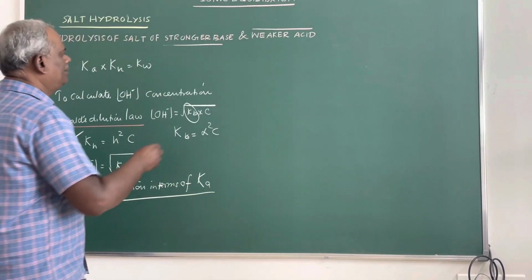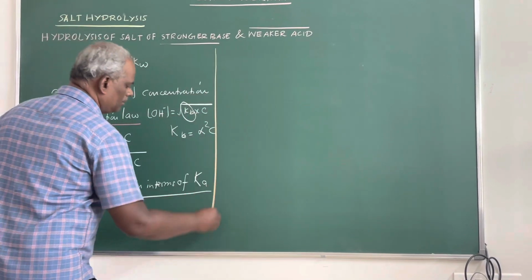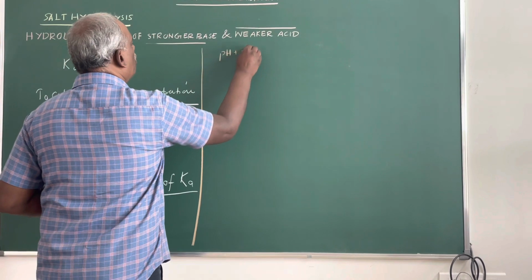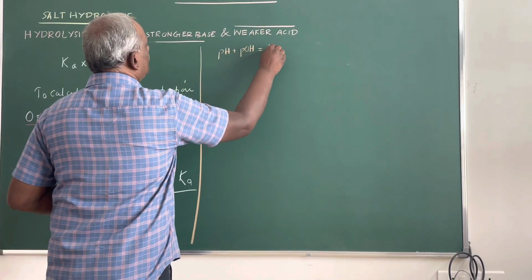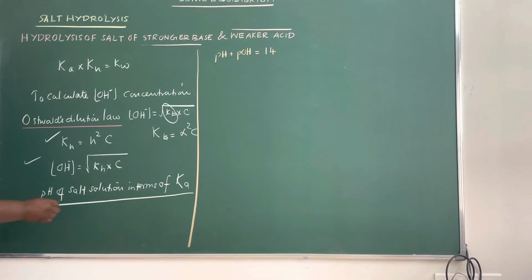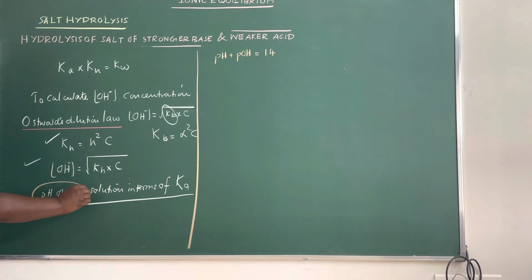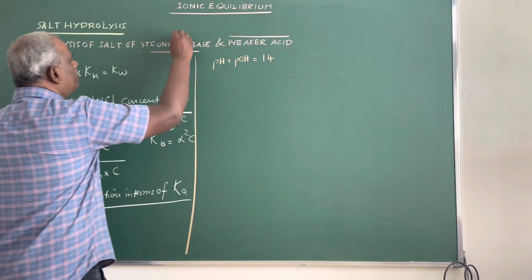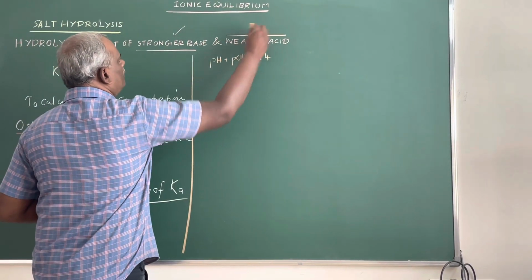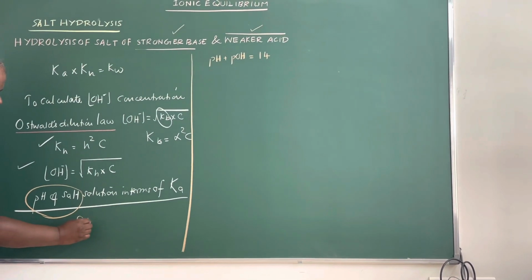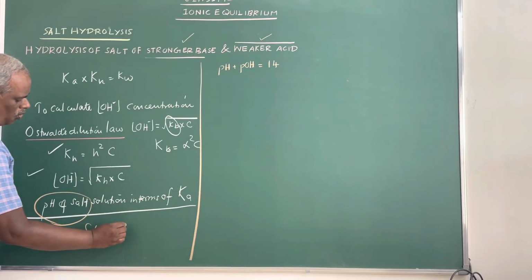Yes, this is done. pH plus pOH is equal to 14. Now we should find the pH of this particular salt. What kind of salt? The salt obtained from a stronger base and a weaker acid. What is that salt? This is the salt CH3COONa.